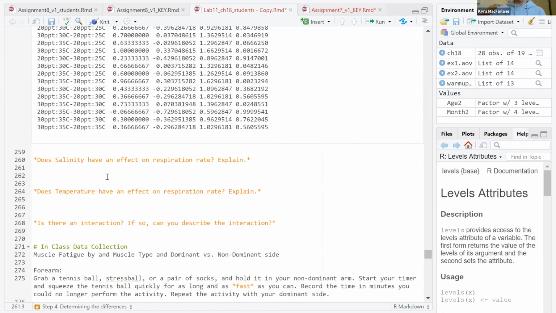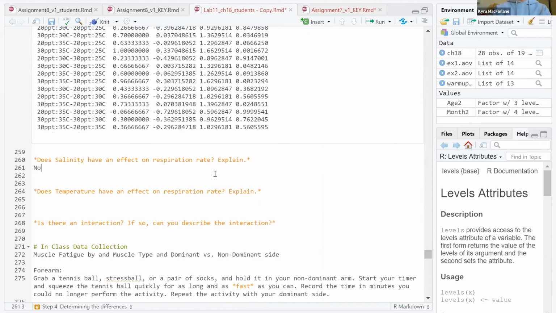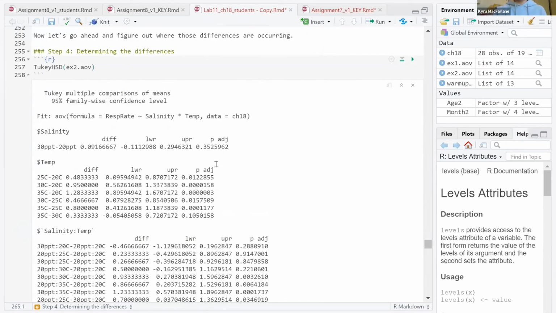So, does salinity have an effect on respiration? Explain. Again, no, salinity does not change or affect respiration rate. Does temperature have an effect on respiration rate? Explain. Looking at this, yes, it does.